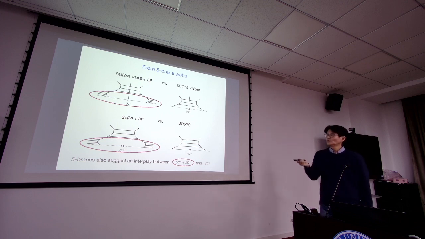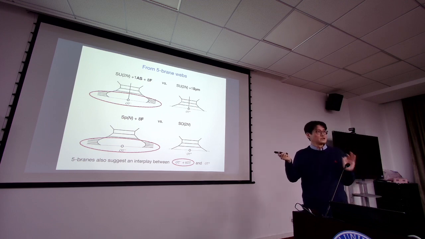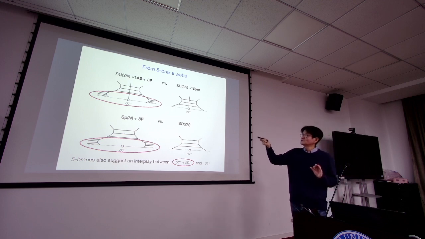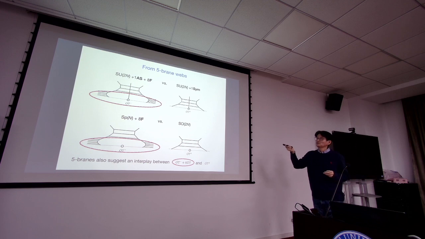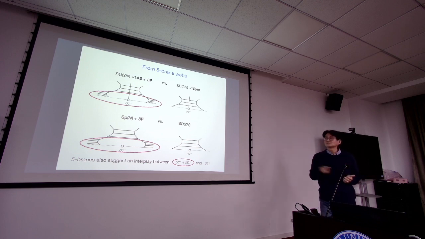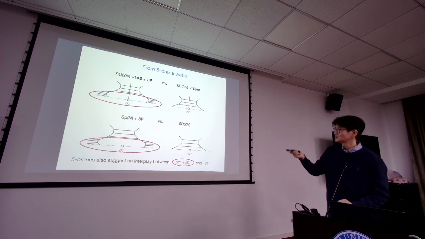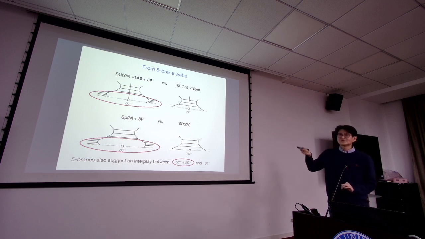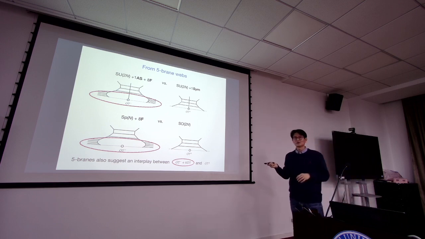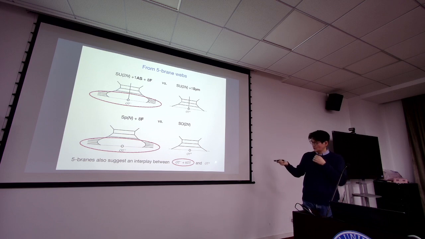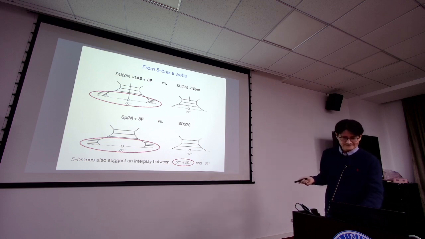So if we have some limit where we can control or tune the masses of the A flavors together with the antisymmetric hypermultiplet, we may be able to connect to the object, the O7+. This strongly suggests that there is some interesting relation between O7- with 8 D7s and this O7+.